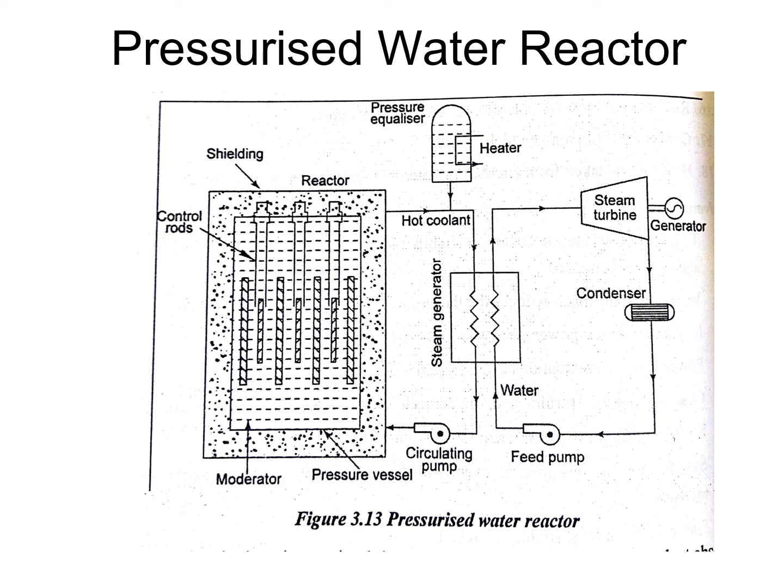Imagine, that is nearly 1 foot. The height of the pressure vessel is 45 feet, that is 13.7 meter, and the diameter is 4.6 meter. So it is slightly bigger than the boiling water reactor. All other constructions are very similar.